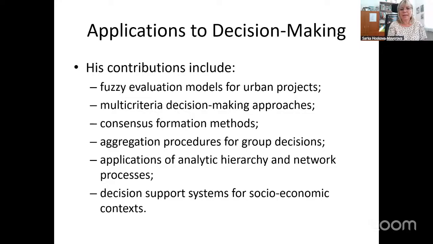Multi-criteria decision-making approaches in various parts of social life, consensus formation methods, aggregation procedures for group decisions, applications of analytic hierarchy and network processes, and mainly decision support systems for social and economic contexts.